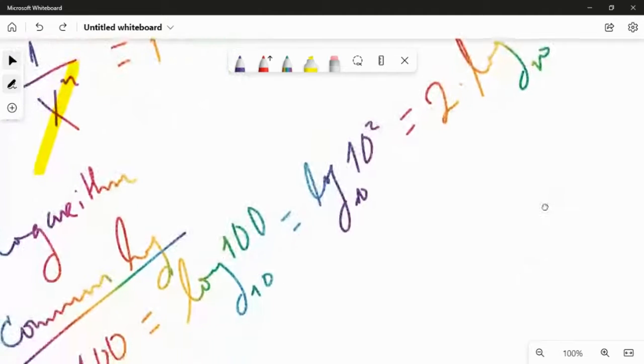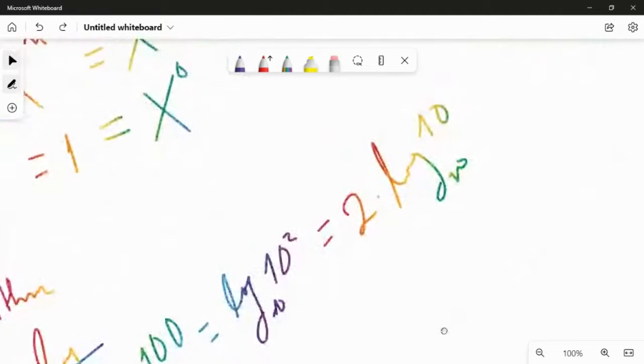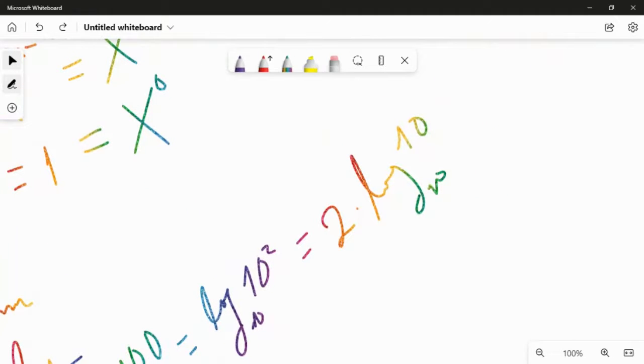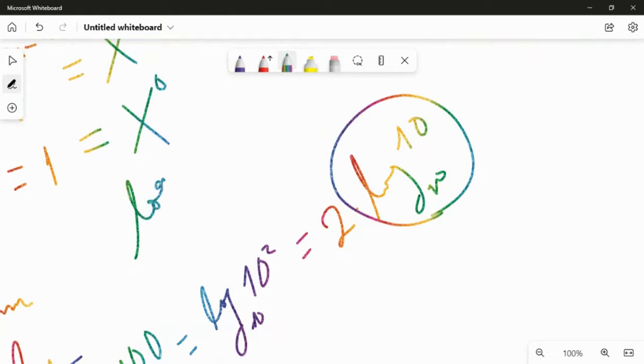Yes, because you can read it in either way, base 10 log of 10 or log of 10 to base 10.